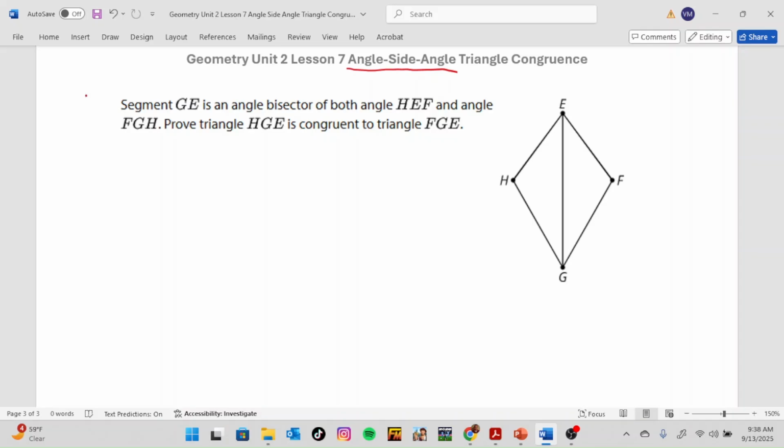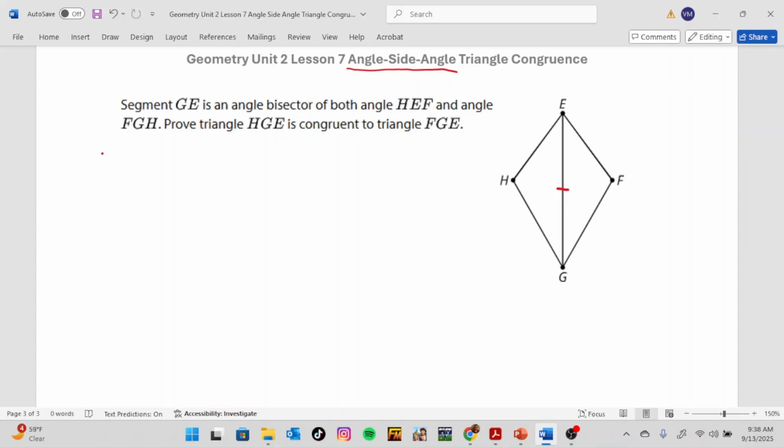So the first thing that sticks out to me right away is that segment EG is congruent to segment EG because it is the same line.